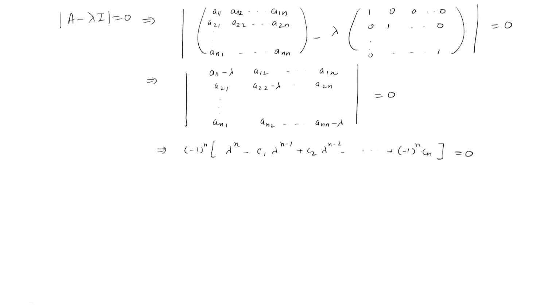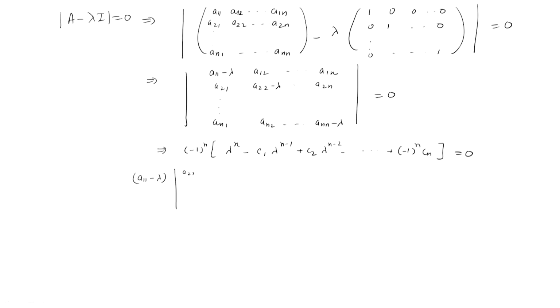in lambda. Now if you carefully observe this determinant, when you open from the first element, if you take A11 minus lambda, then you delete this row and this column.